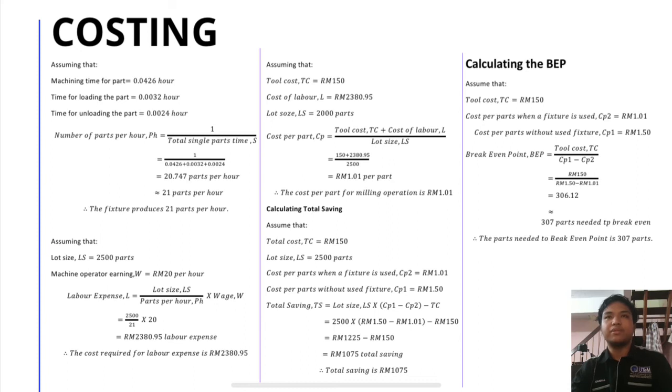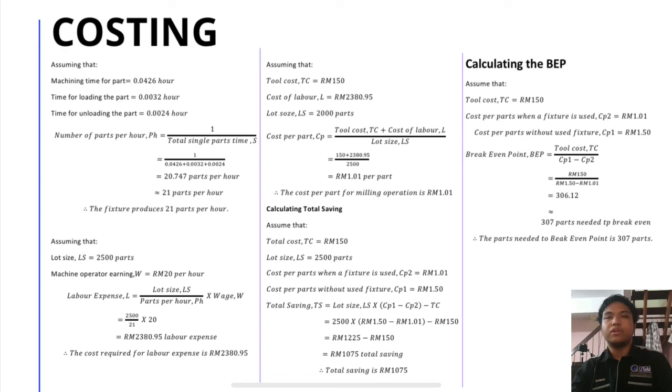Lastly, for calculating the break-even point, we will assume that tool cost, TC, equals RM 150. Cost per part where the fixture is used, CP2, equals RM 1.01, and cost per part without using the fixture, CP1, equals RM 1.50. We will use the formula break-even point, BEP, equals tool cost, TC, divided by CP1 minus CP2.